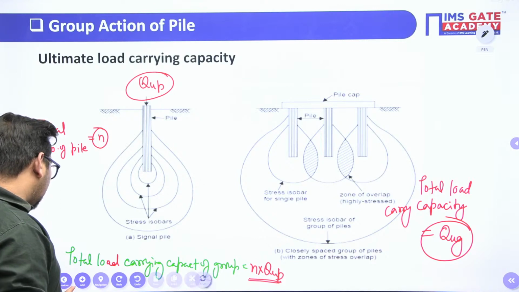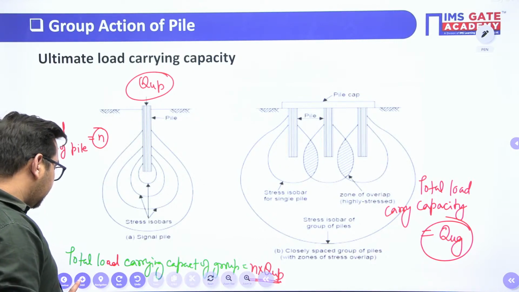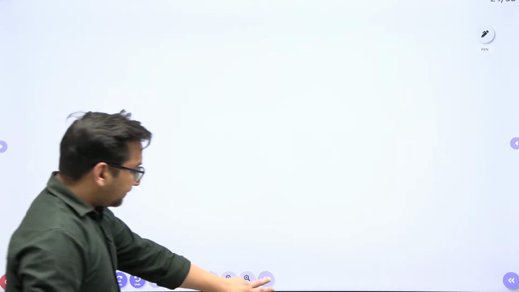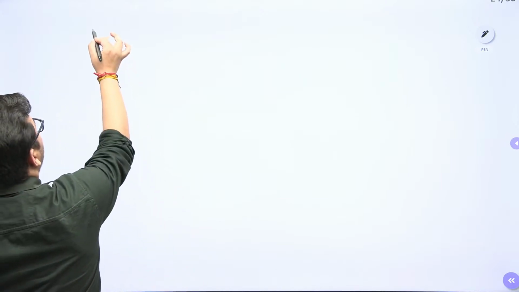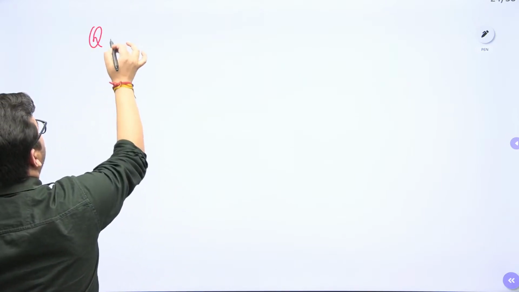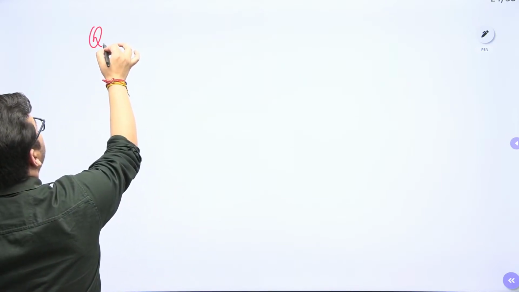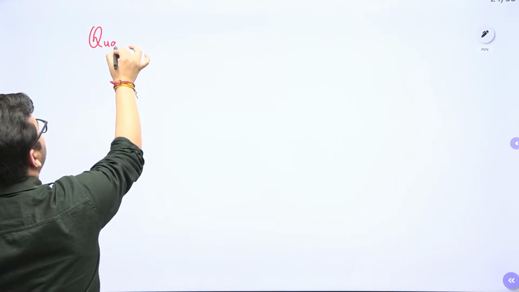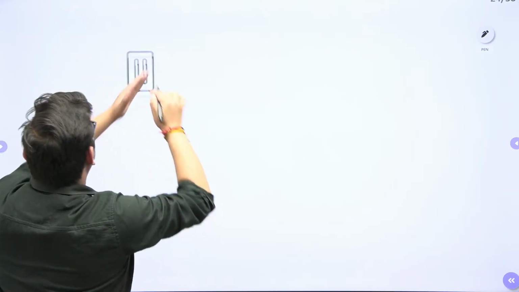So what will be our load carrying capacity of a pile group? Let's call it QG.